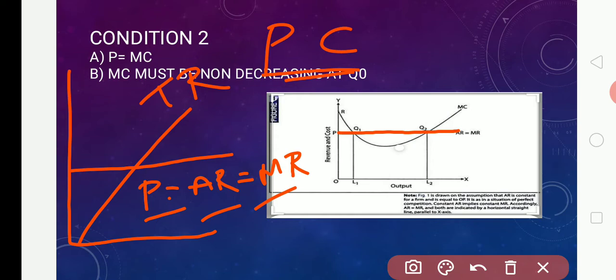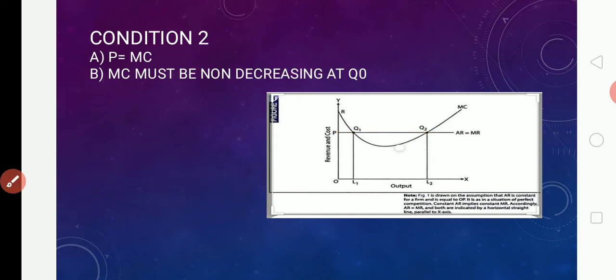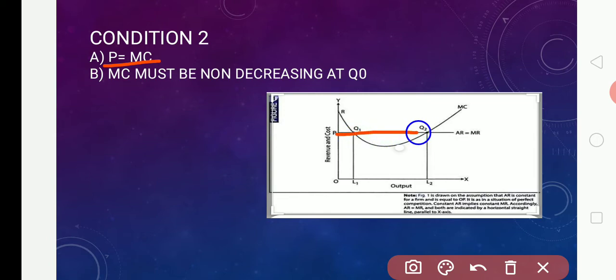Now the first condition is the price must equal MC. When the price equals MC, at that point the firm will attain maximum profit. Here the first line I'll write down as Q1.